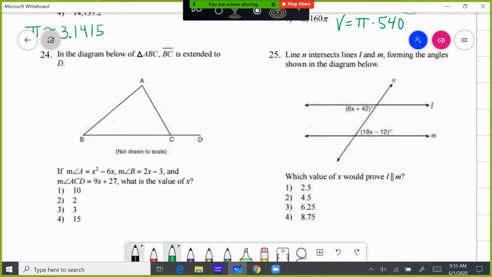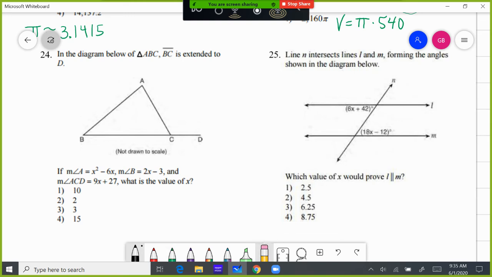And the diagram below, triangle ABC, BC is extended to D. All right. So it's an extension. It's just emphasizing that it makes a linear pair here. Okay, so we know we have a linear pair.